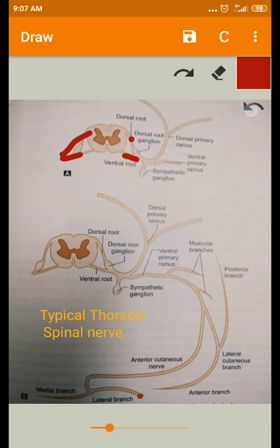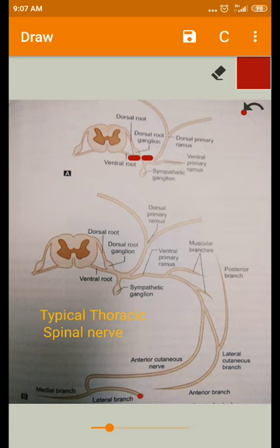In the case of cervical, thoracic, lumbar, and sacral, this pair comes from one dorsal root and one ventral root, forming a mixed nerve, which comes out through the intervertebral foramen.